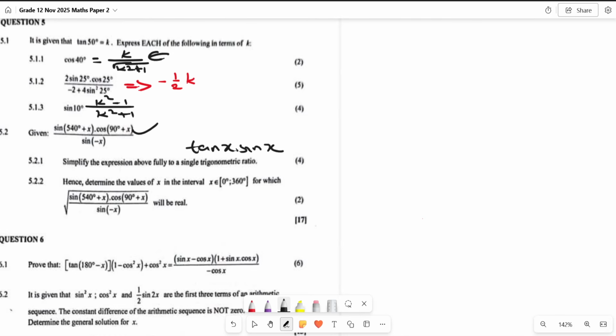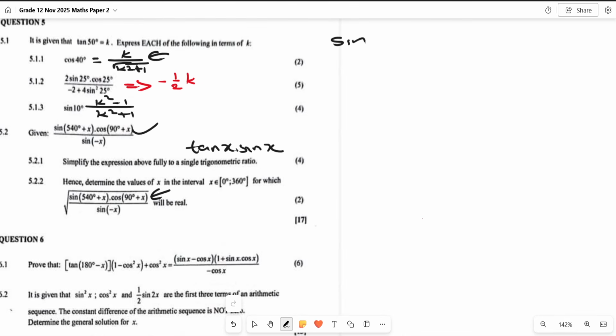We already simplified the numerator, so they're saying hence, we need to focus on the denominator. For the answer to be real, our denominator has to be greater than 0.